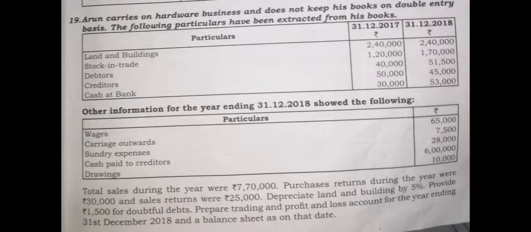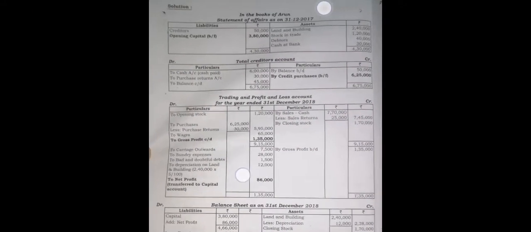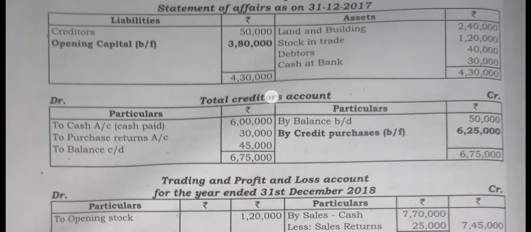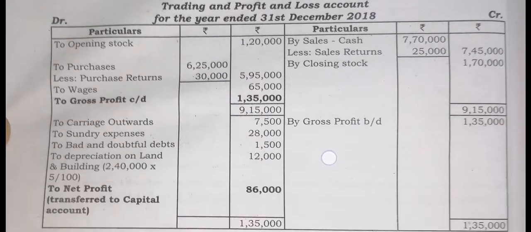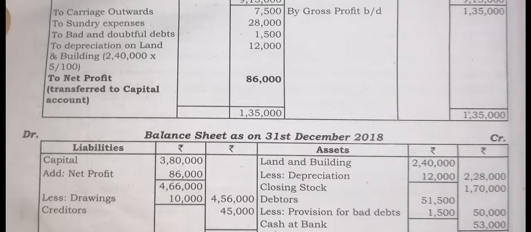Cash paid to creditors will not come. Then drawings will come on the left side. Before that, on the left side, we found the capital from the opening statement. How much capital did we get? 380. See that, 380 is now posted on the left side of the balance sheet. Then after capital, leave 2-3 lines, less drawings 10,000.